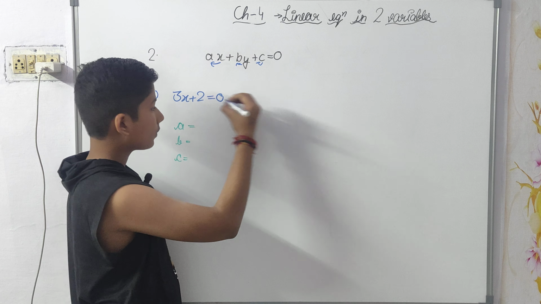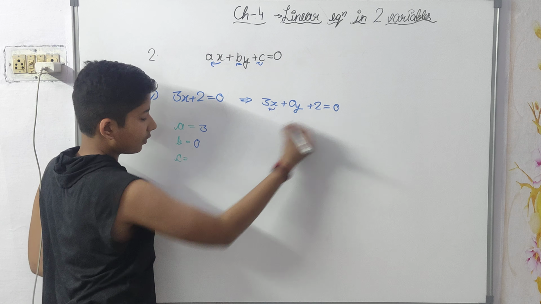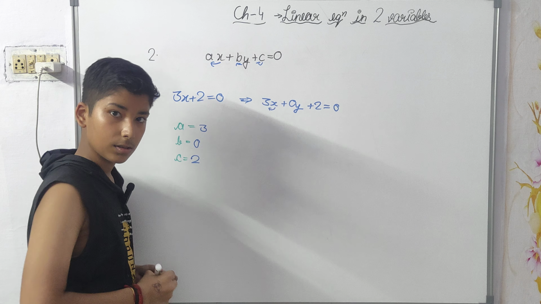Now how will we write it? 3x plus 0y plus 2 equals 0, because 0y is always 0. What is the coefficient of x? It's 3. Coefficient of y? It's 0. And c is 2.